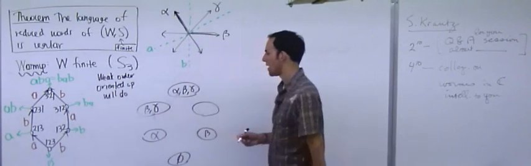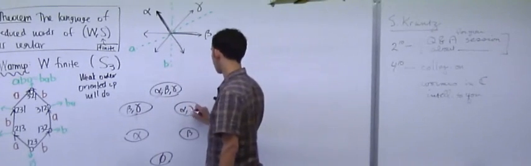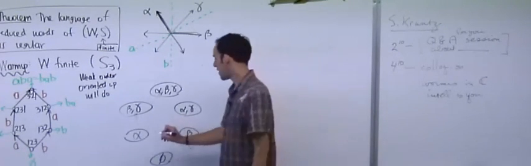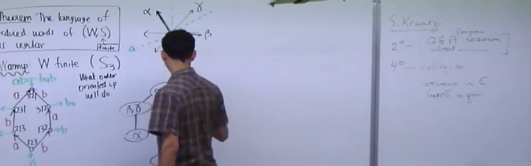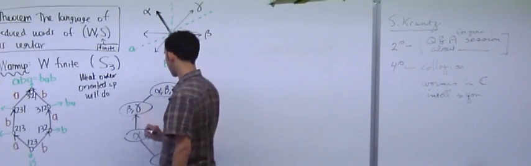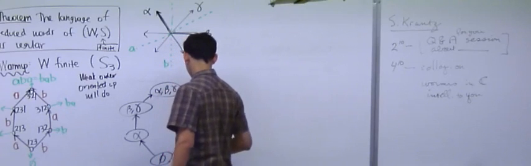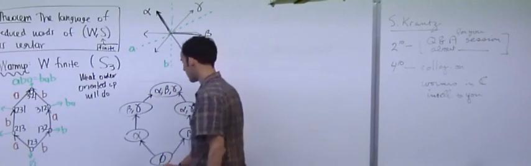And by symmetry, alpha and gamma are going to be the ones that go here. And so let me draw the same graph, but with this labeling now, keeping the edge labels intact.